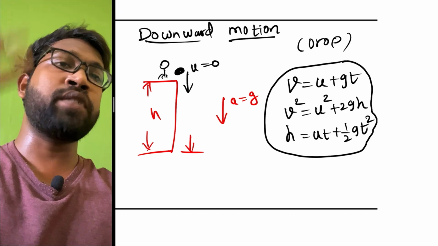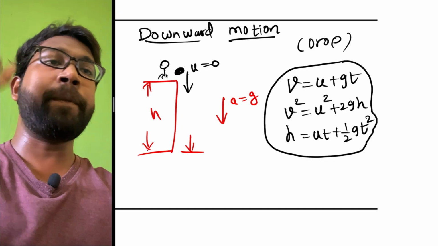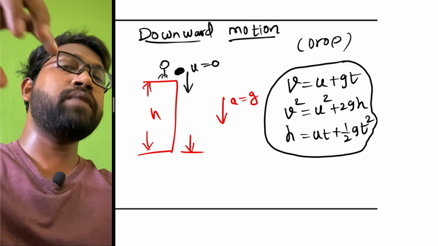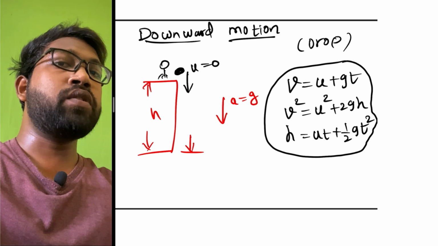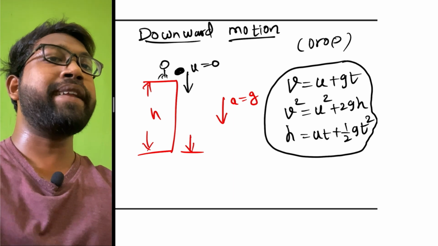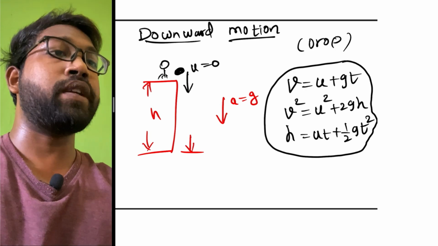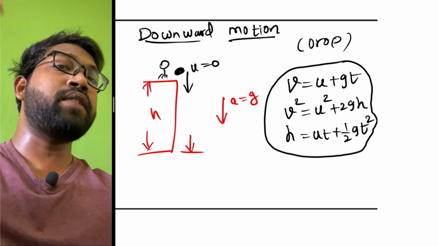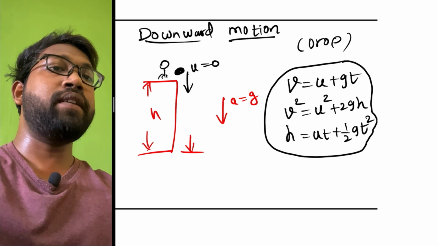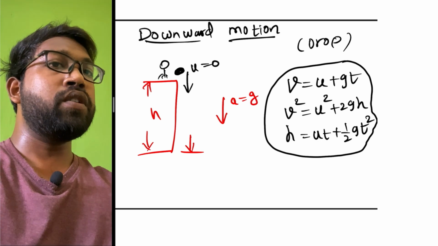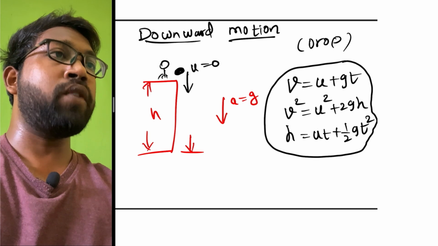So that's going to be the first question. And when the ball is about to hit the ground, at what velocity will it hit the ground? So this is my question. Okay, so two things: one is the hitting velocity and the other is the time period of travel. Okay, so I'm just going to solve from this.